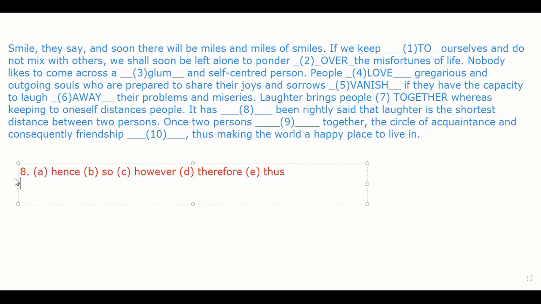Some of the options look very weird, but tell me what will you put here, question number 8? It is a very good paragraph, right?